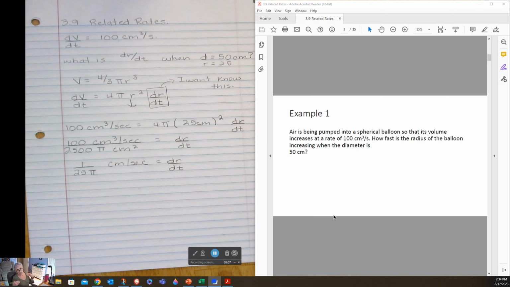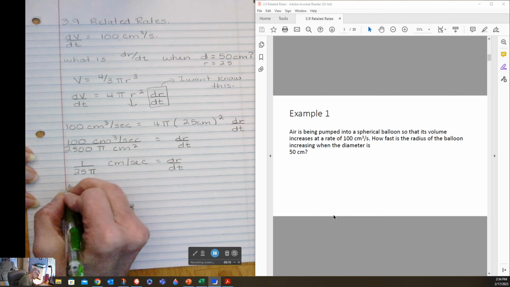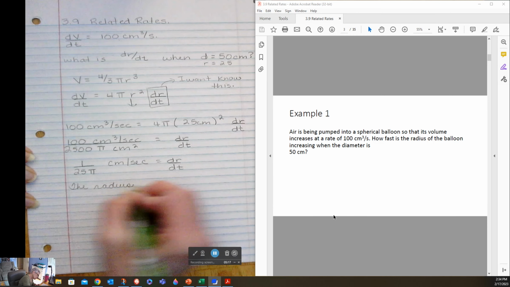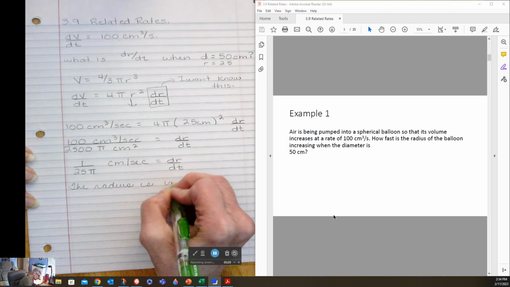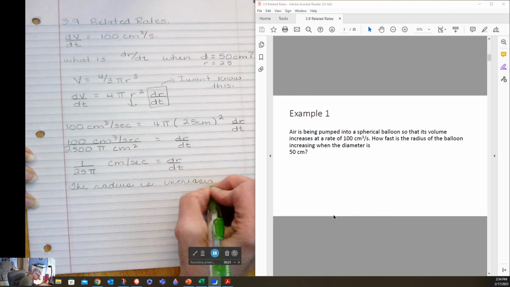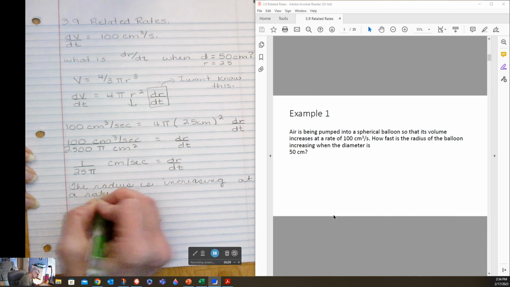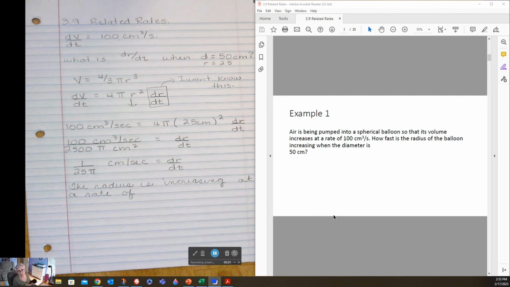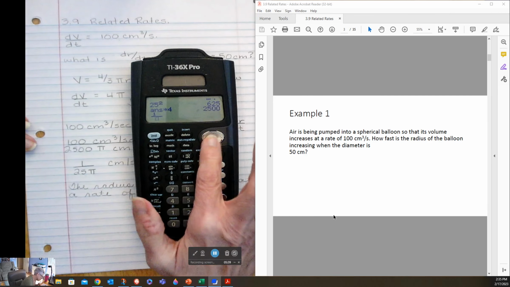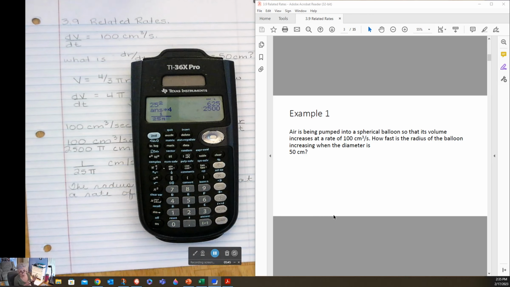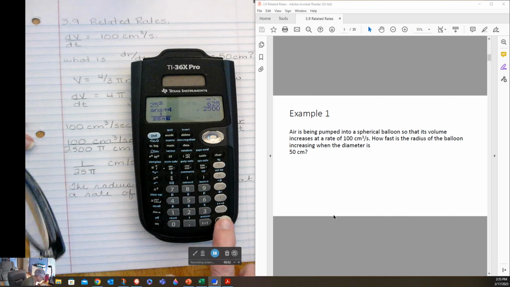And then if we were going to write about what was happening, we would say the radius is increasing at a rate of, and I have no idea what 1 over 25 pi is, so I'm going to compute 1/(25 pi), and you notice I use my fraction bar, so I don't do 1/25 pi, because that would multiply pi times 1/25.